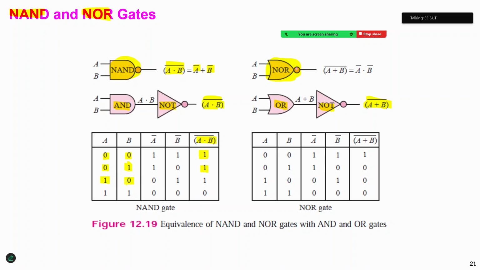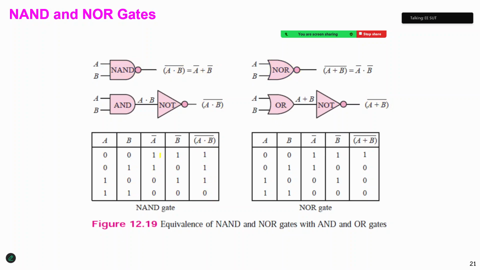A and B is 0, inverse, we get 1. A and B is 1, the inverse is 0. And if we solve for A bar plus B bar, A is 0, inverse is 1. 1, 0, 1, 0. B is 0, inverse is 1. B is 1, the inverse is 0. 0, 1, 0, 1, like this, right?